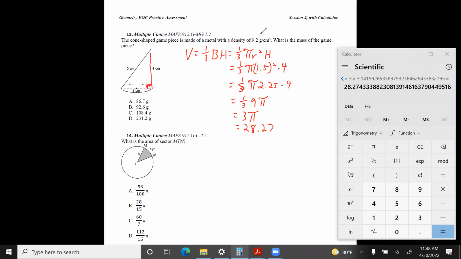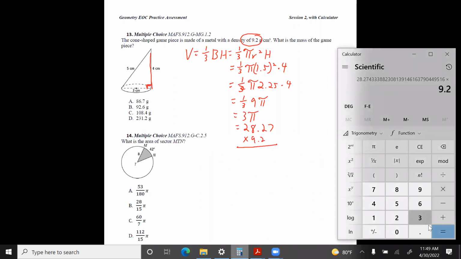We need to take the density that they gave us and multiply that volume by that density, so we know how many grams this is. So multiply that times 9.2. On my calculator, I didn't get rid of any of those decimals, so that's more accurate.